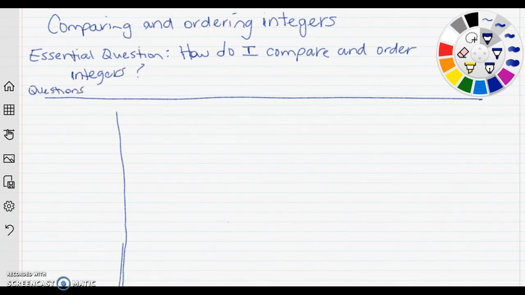All right, so when we start off with comparing and ordering integers, it's really just looking on a number line to see which one's bigger and which one's smaller. And then we put those things in order. Best way to do that is to plot them on a number line. Some of you can look at it, and eventually all of you will be able to look at it and put them in order or tell which one is bigger and which one is smaller just by looking at them and not even having a number line.